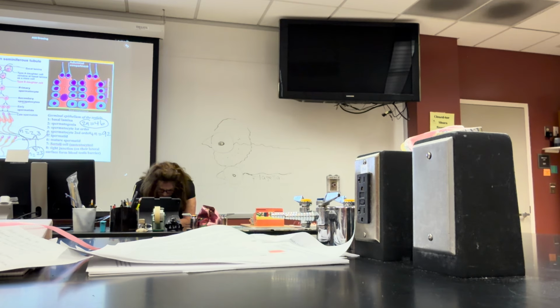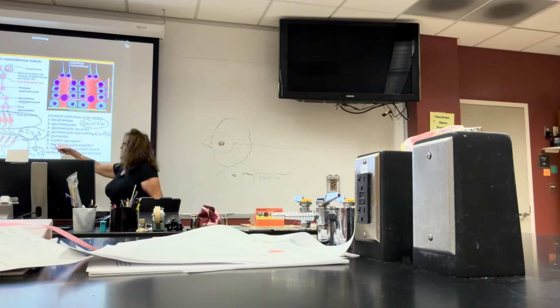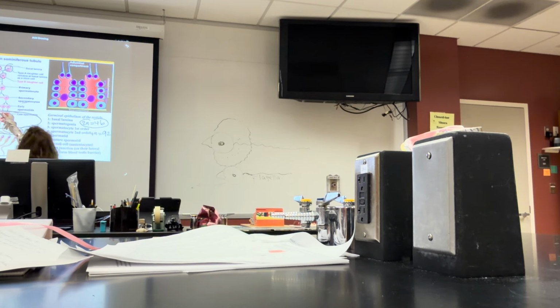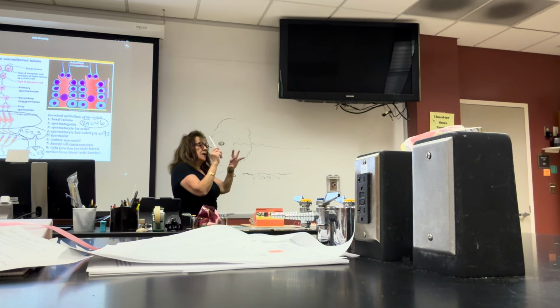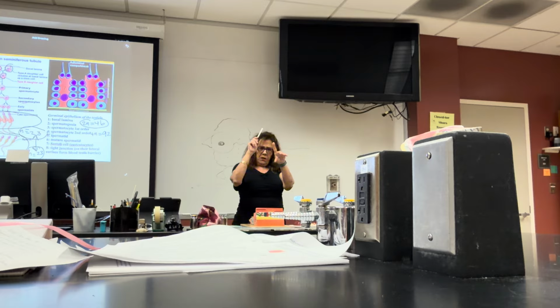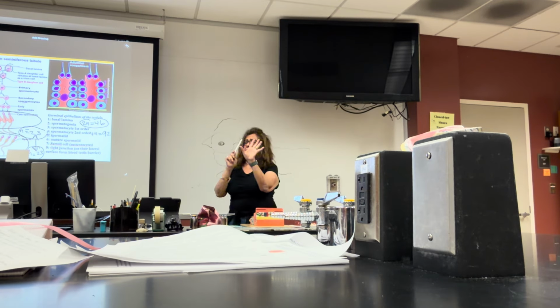And this occurs in a spermatid phase. So remember, you have the spermatogenic cell or spermatogonia, primary spermatocyte, secondary spermatocyte, spermatid, and a sperm.